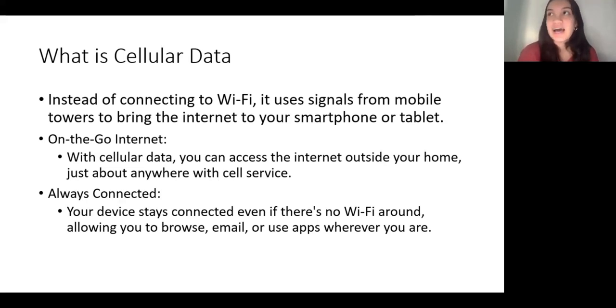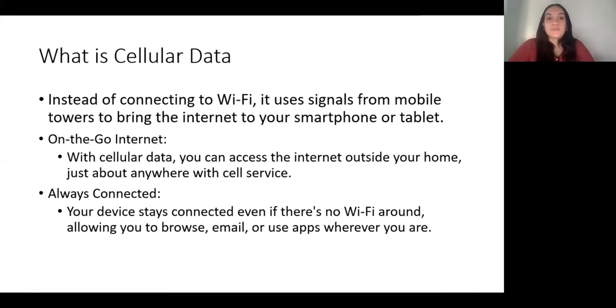Computers, desktops, printers, all of those other devices that we use, a smart TV, that does not use cellular data. That uses Wi-Fi. So once again, cellular data can only give us connection to our smartphone and to our tablet.